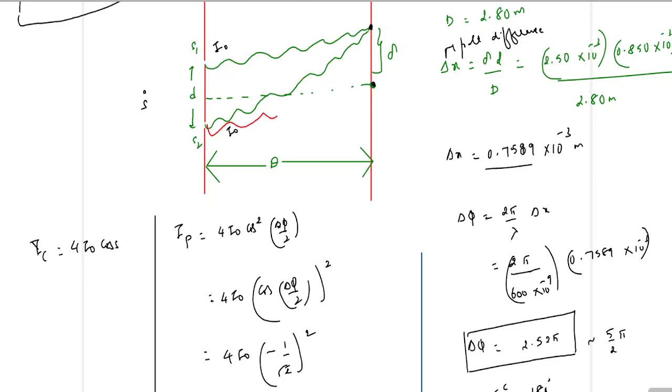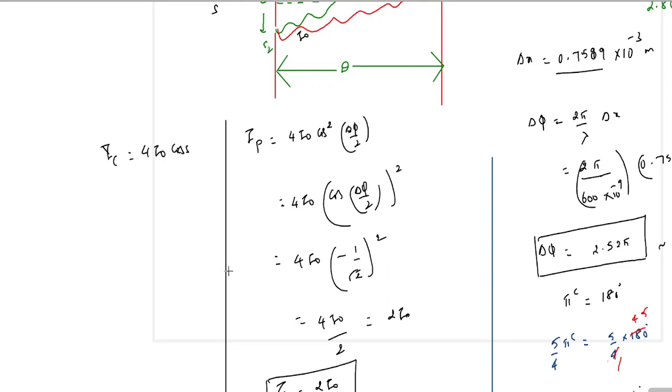So there is no phase difference, which means for center delta phi is 0. It becomes cos 0 the whole square, because it is cos square of the value, that is equal to 4 times I naught. So intensity at center is 4 I naught.